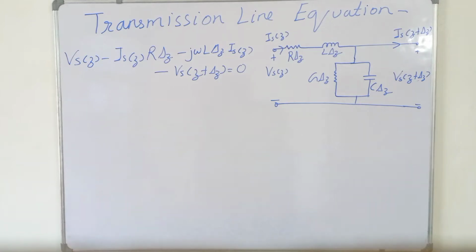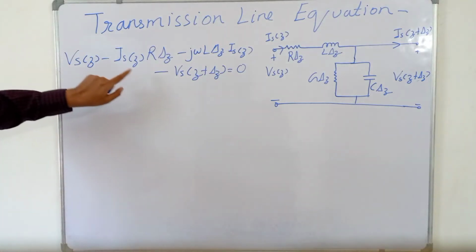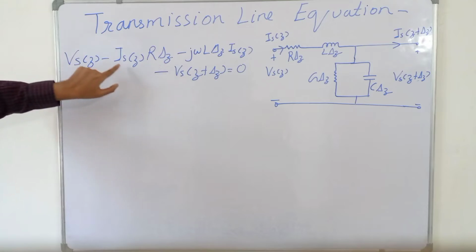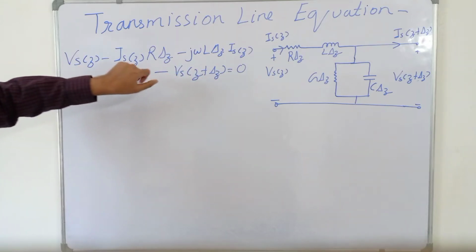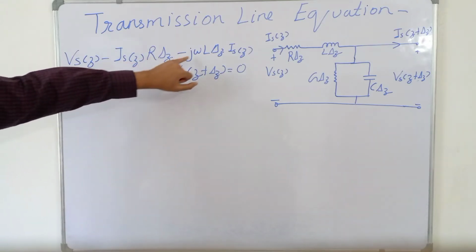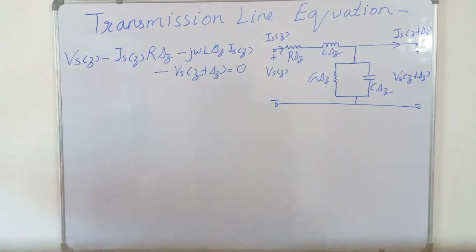If we simplify it, we take Is of Z R delta Z and j omega L delta Z Is of Z to the other side and take delta Z common.